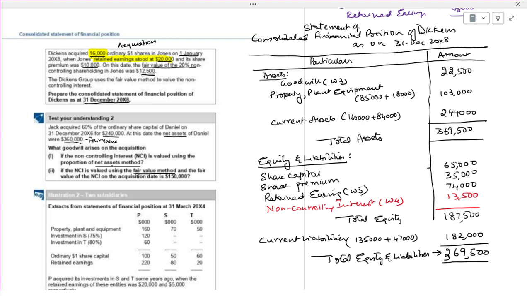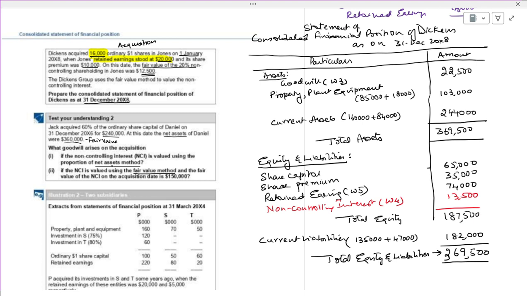When they say it is proportional, what is the percentage of acquisition? 60%. Proportional means 60% and 40%, the proportion of net assets.